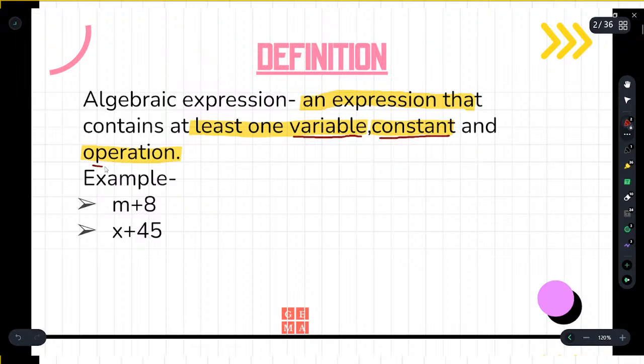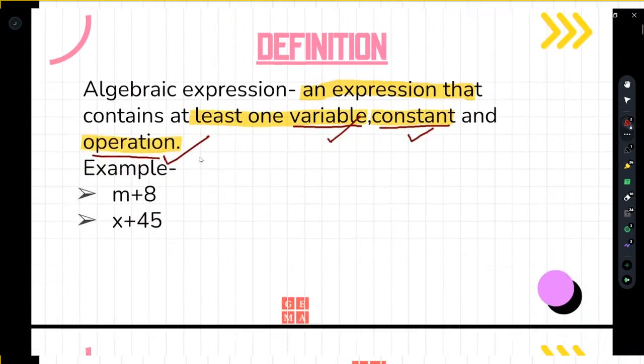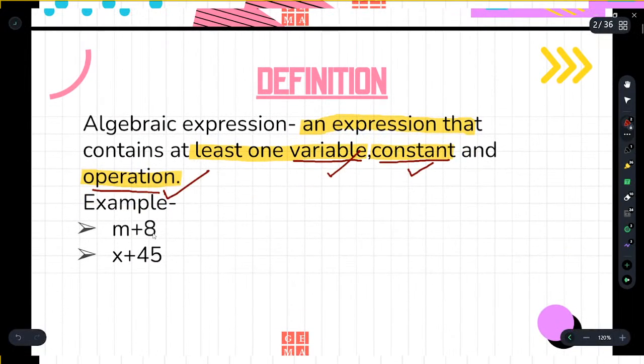First is our variable, second is our constant, third is our operation. Let's not get deeper into it right now. For this slide, we will just look at these examples first: m plus 8 and x plus 45. So variable is this, constant is this, and operation is this.